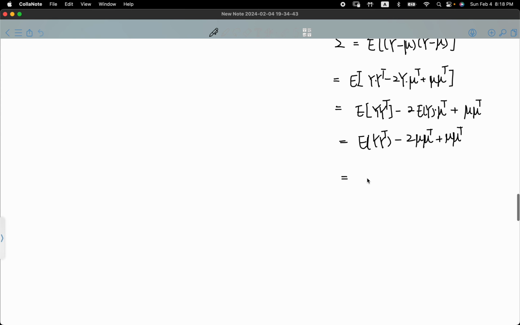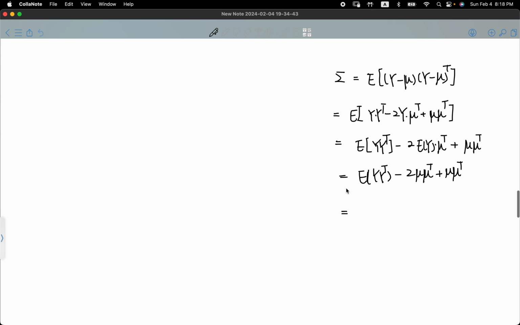Okay, let's see what else we can write. Then y transpose is sigma plus mu transpose. So I'm going to move this. This has only 1 copy left, and then I move it to the left hand side.